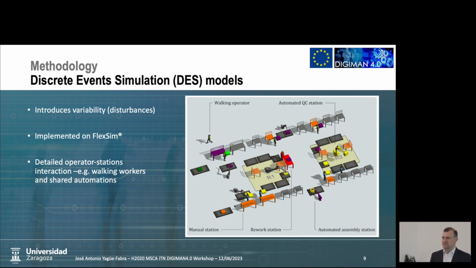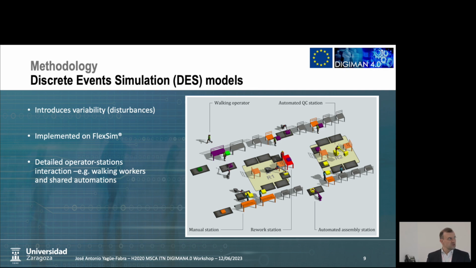You have to spend some more time to create a model, but it gives you the possibility to introduce this variability. This is a discrete event simulation model. We use FlexSim, which is a commercial software that you can use. And well, we can introduce disturbances here because we can introduce variability.